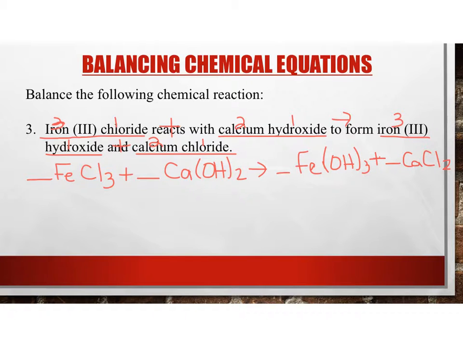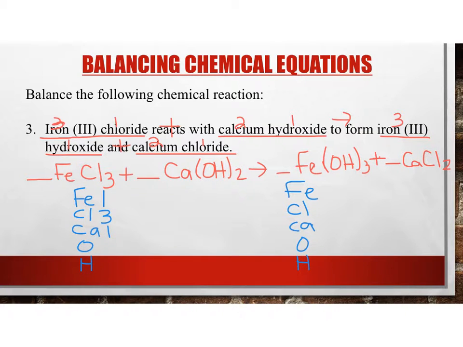I like to list out the elements if you have an easier way. And I'm going to list them out in order to make verifying their balance easier. So I have 1, 3, 1.